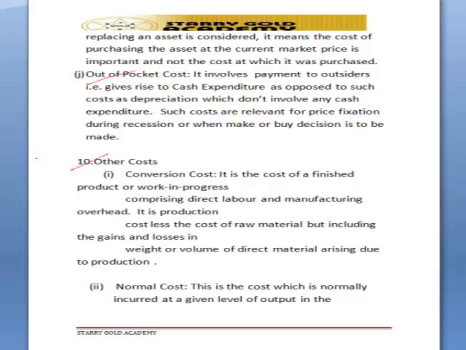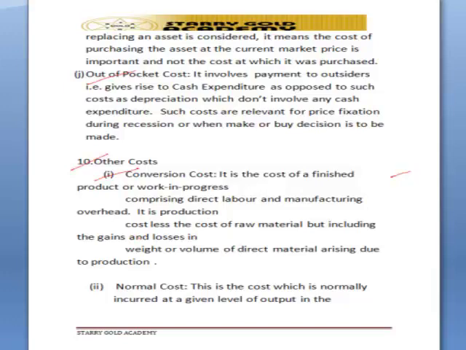What it takes to turn a product from raw material to finished product is what we call conversion cost. Whatever you incur to transform a raw material into finished goods is conversion cost. It is very, very important.